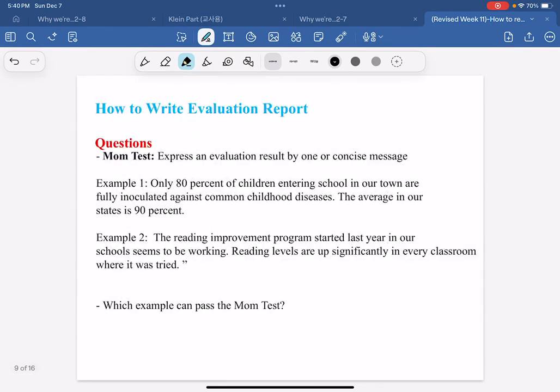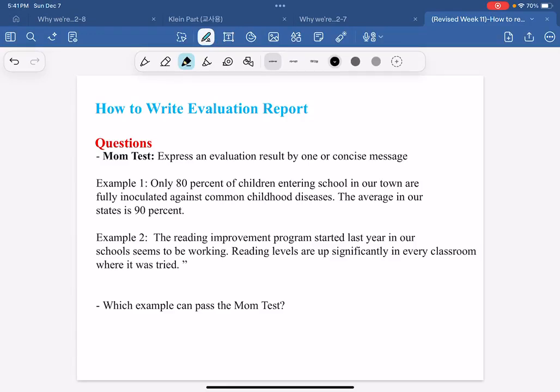And then to judge effective messages, there is a test, the MOM test. That means the MOM test is the tool to identify effective messages, right?